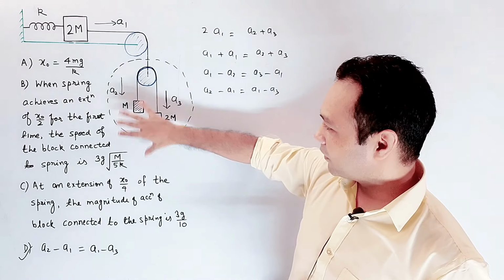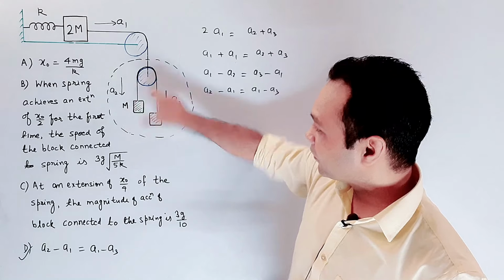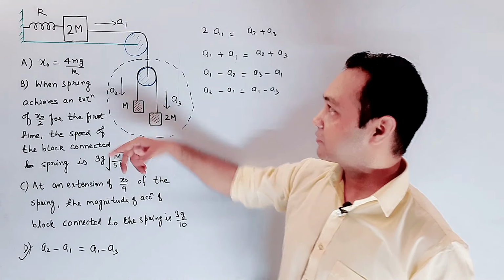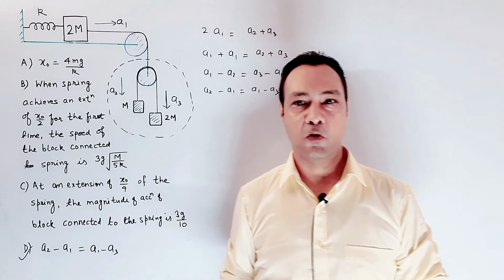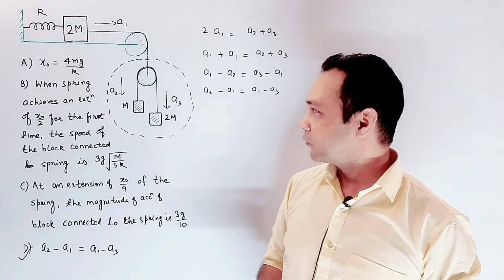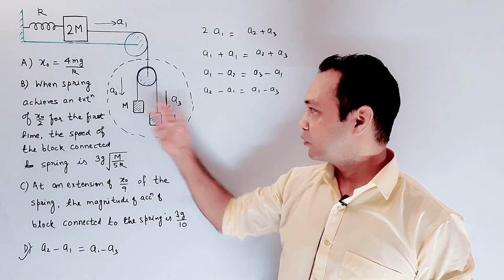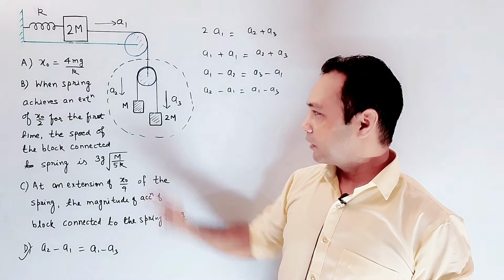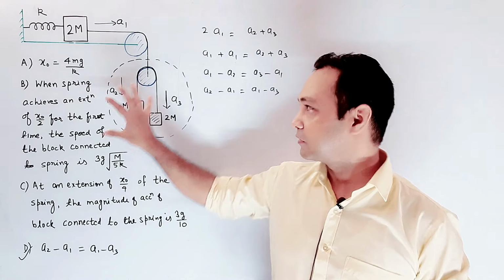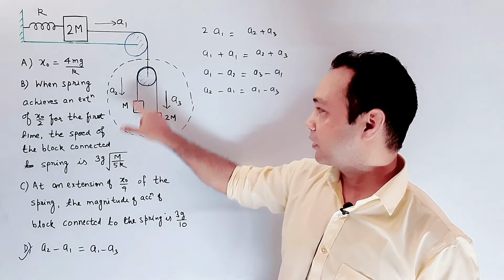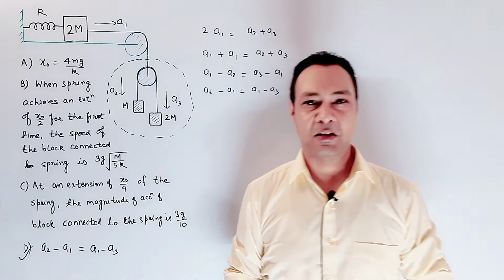So even if you put some different amount of masses such that the tension is still the same, the motion of this 2m will not be affected. And for us, these A2, A3 are not important, and these masses are also not important, and I just want to replace this whole system, this pulley and the two masses, by a single mass.